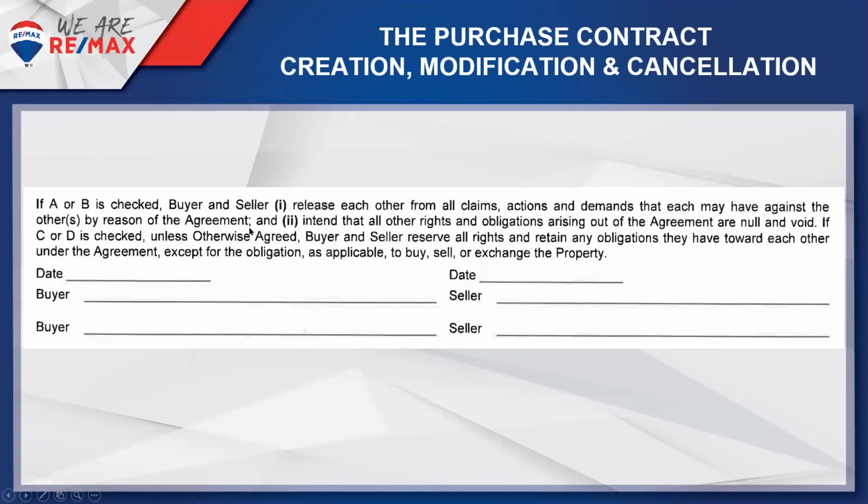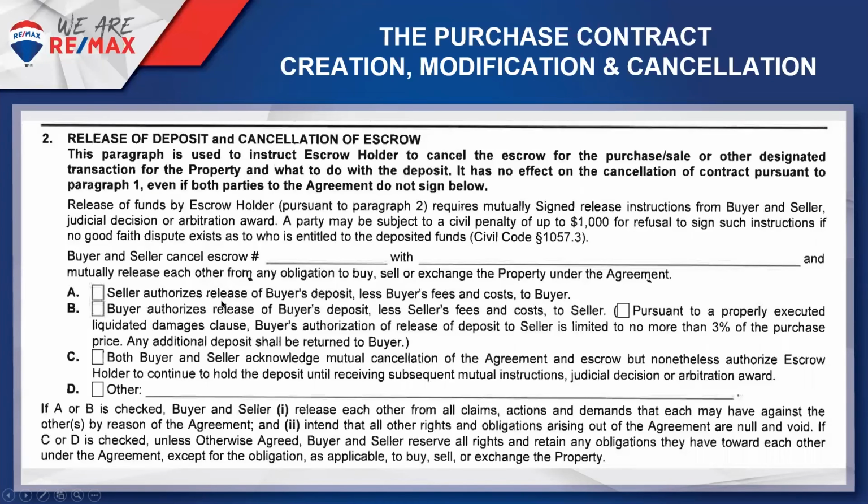And it's done. They go away and they never bug each other again. Okay, great. If A and B, the seller authorizes the buyer's deposit to go back to the buyer, or the buyer authorizes the buyer's deposit to go to the seller.